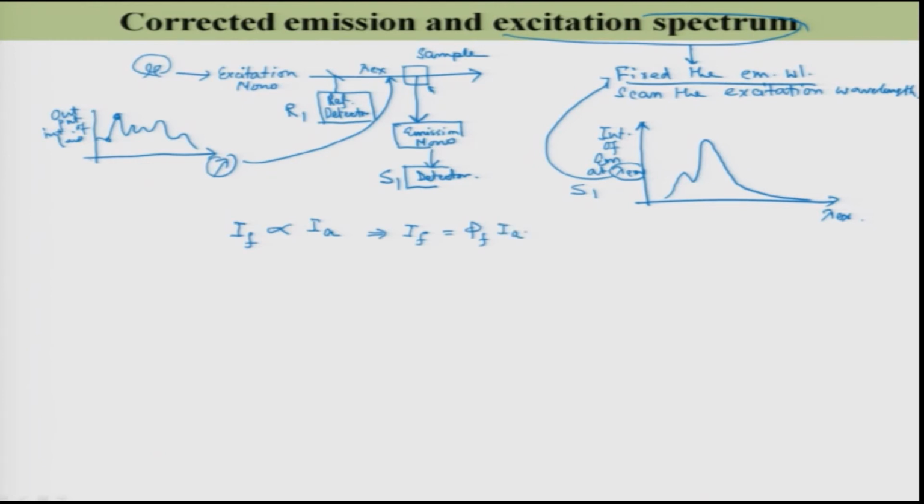So, let me divide both sides by I0. IF divided by I0 is equal to phi f IA divided by I0. So, this IA by I0 is nothing but I0 minus I by I0. So, this is equal to phi f into I0 minus I by I0. So, this is equal to phi f into 1 minus I by I0.